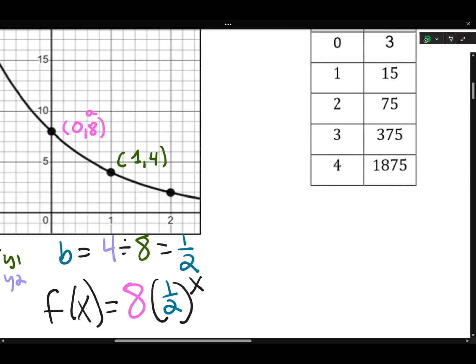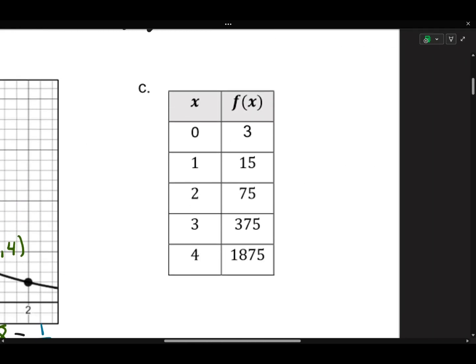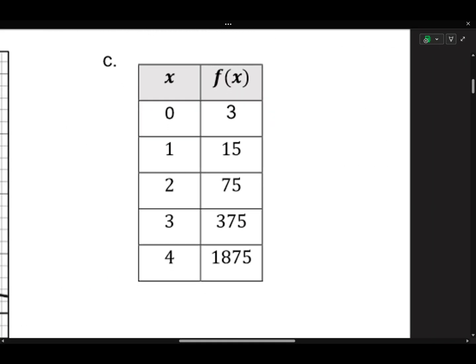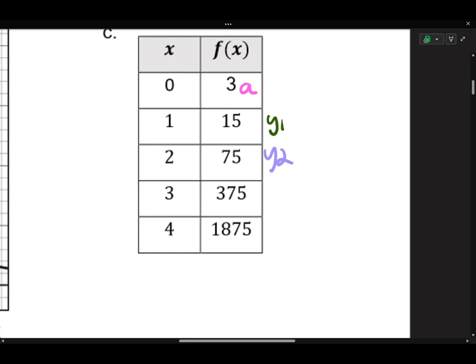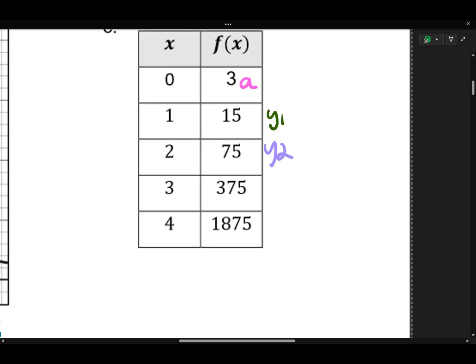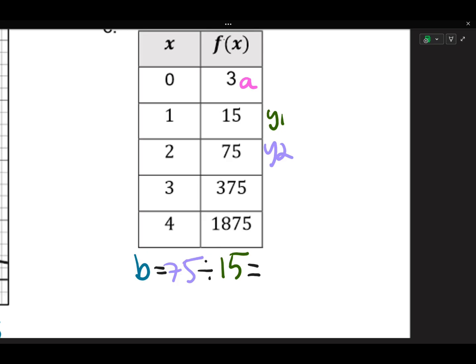Let's do one more. Here we go. There's our A, it's 3. And then I'm going to label this y1 and this y2. Let's find B by doing y2, so 75 divided by y1, which is 15. 75 divided by 15 is 5.